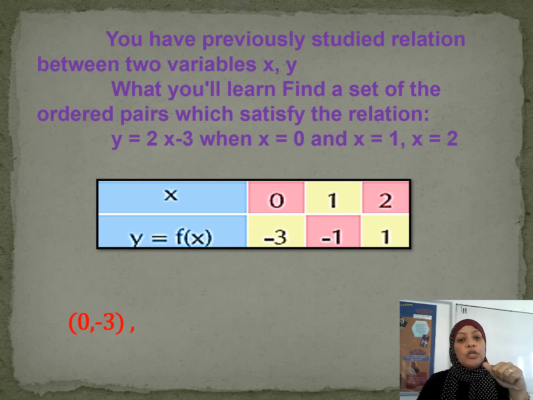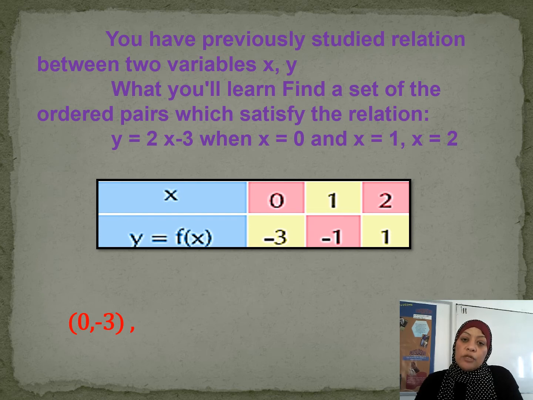For example, we choose 0, 1, and 2, and substitute the value of x in my function to get y. I choose 0, then I remove x and put 0. Now I have 2 times 0 minus 3, then y is negative 3.